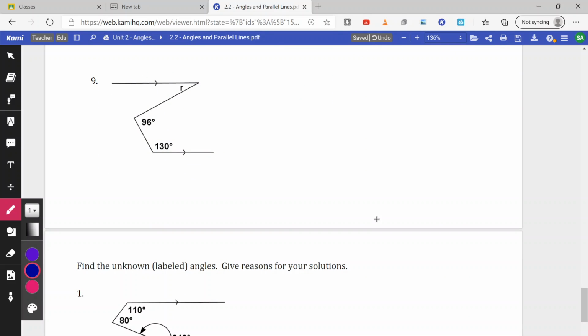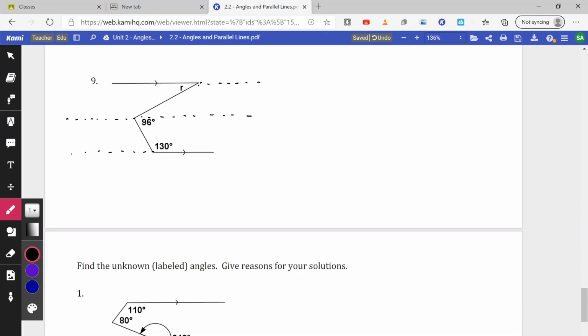And then number 9, the last one here, we have parallel line, parallel line, angle R. We are told this is 96, this is 130 degrees down here, and we need to figure out what R is. So this is possibly needing 1 auxiliary line. Usually we run an auxiliary line through where the line kind of bends a little bit.